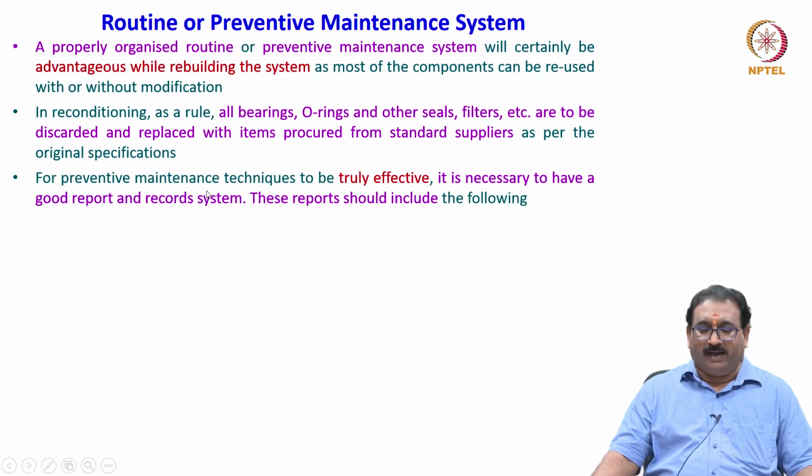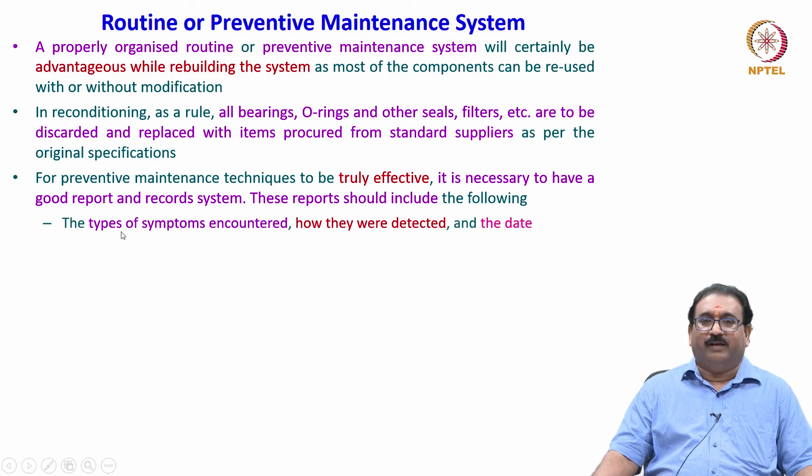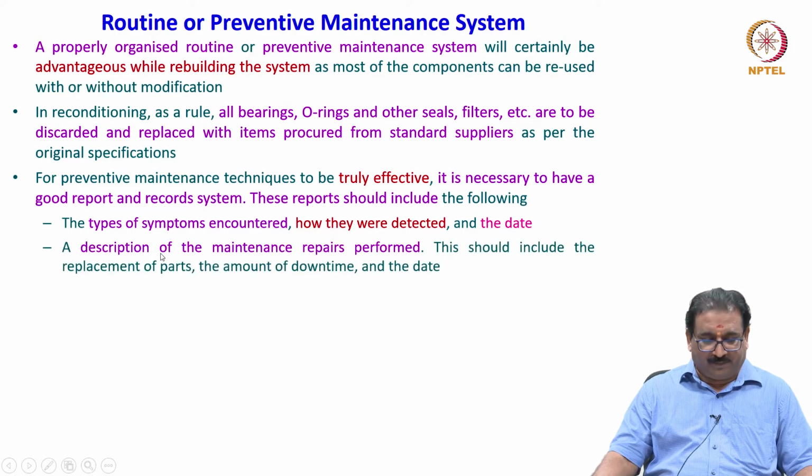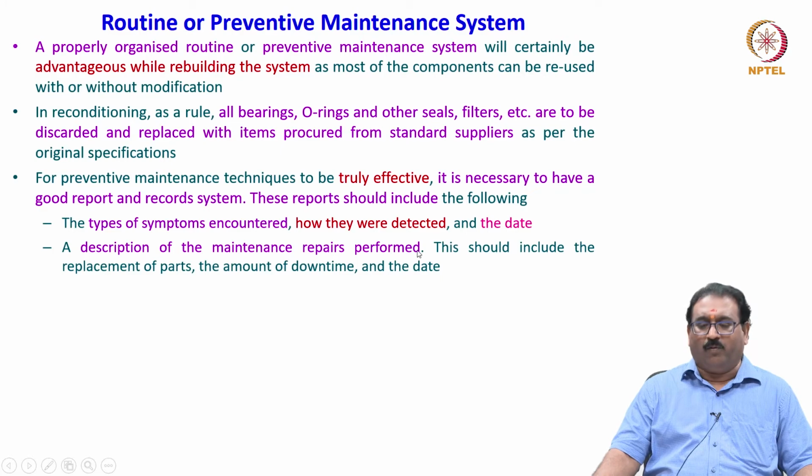For preventive maintenance techniques to be truly effective, it is necessary to have good reports and records of the system. These reports should include the following: the types of symptoms encountered, how they were detected and the date, a description of the maintenance repairs performed.